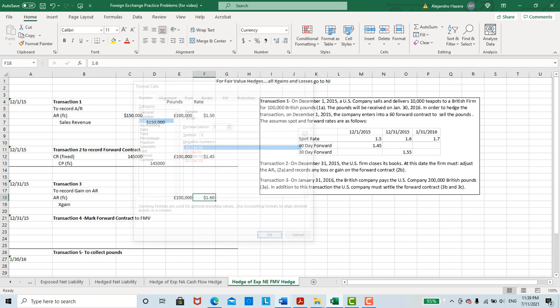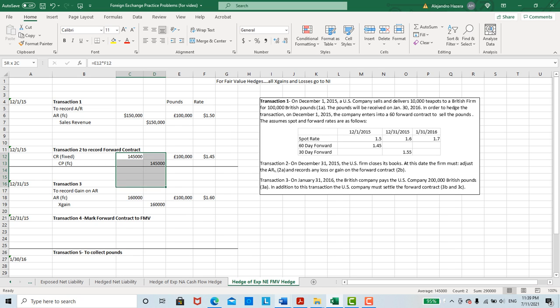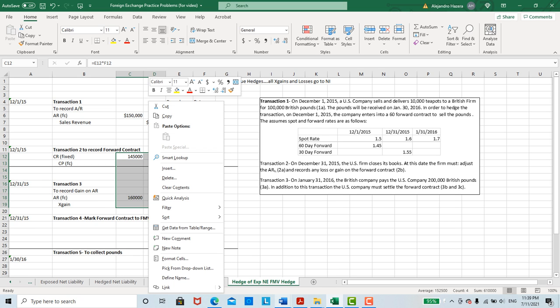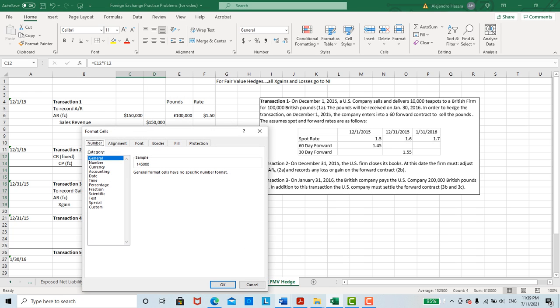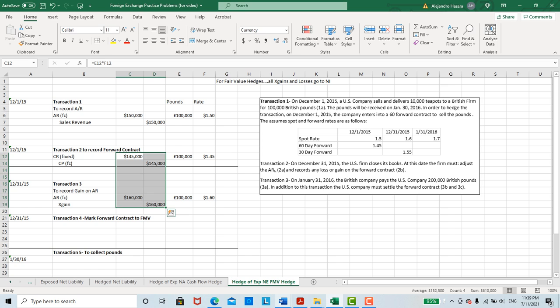Change that to $1.60. Then we have 100,000 times $1.60. That amount right there. Make sure all of these are marked as dollars, because remember, you're an American company, and your reporting currency is the US dollar. Even if you're holding pounds, you have to show the dollar value of those pounds.